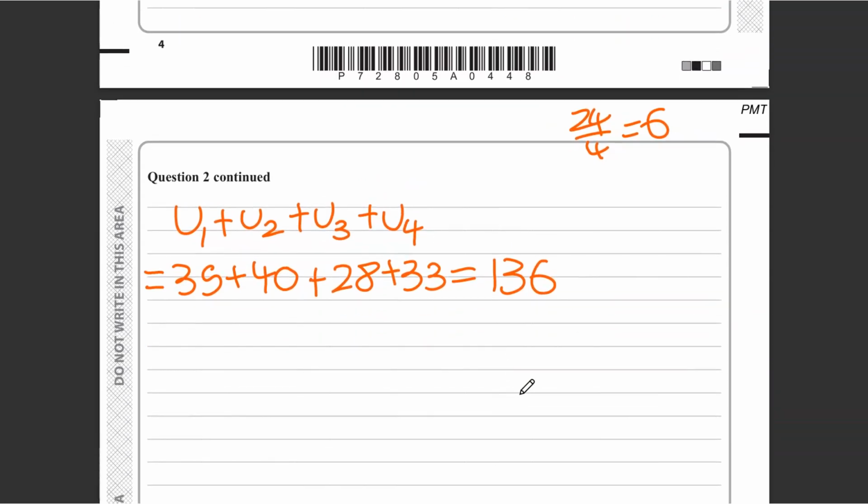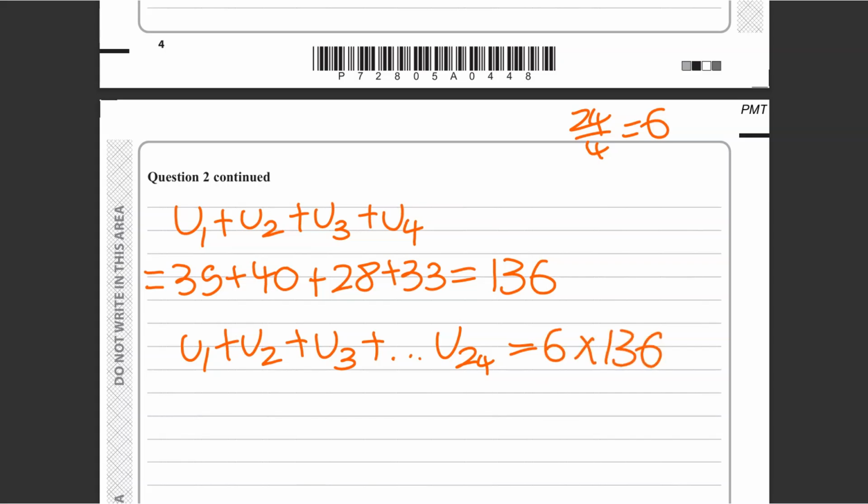So therefore, U1 plus U2 plus U3 all the way up to U24 is going to be 6 times 136, which if you put this into your calculator is equal to 816.